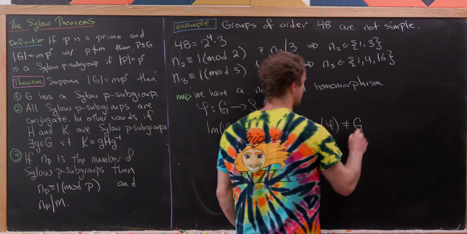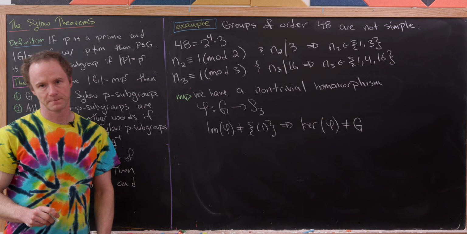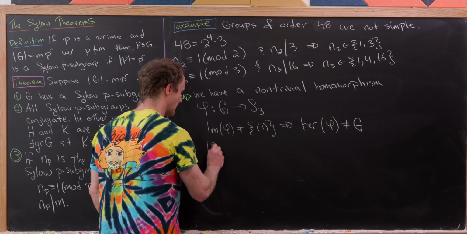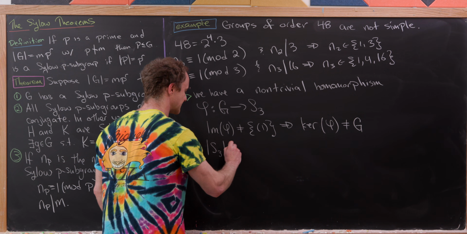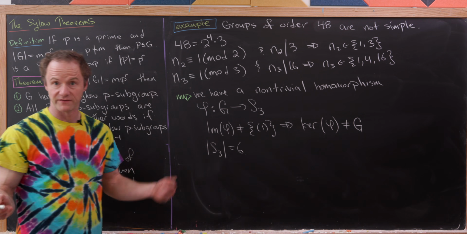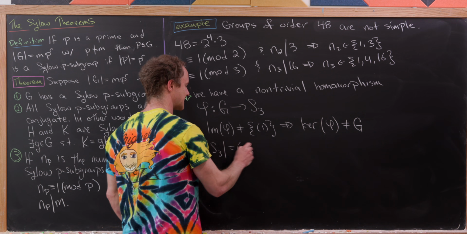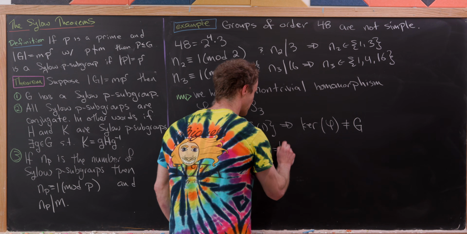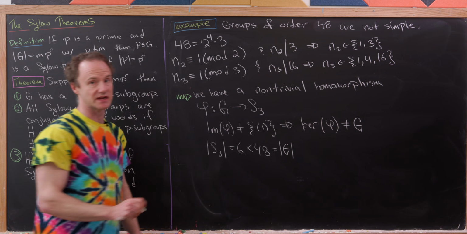So this is not equal to the entire group. But then now let's just look at the following. Notice that the number of elements in S3 is equal to 6. That's 3 factorial. Then 6 is less than 48, which is the number of elements in the group G.